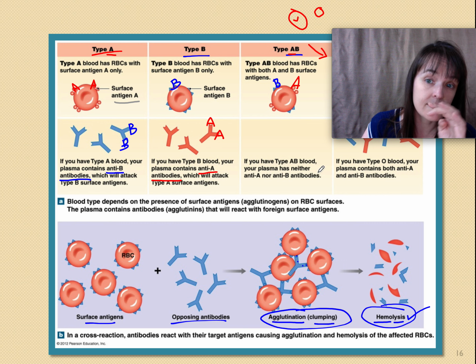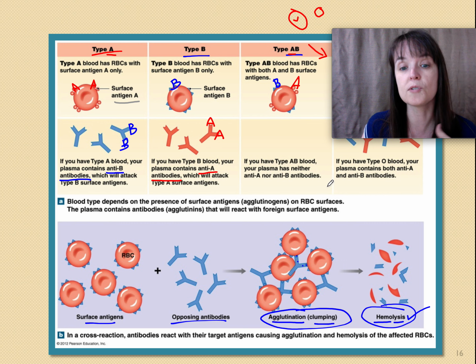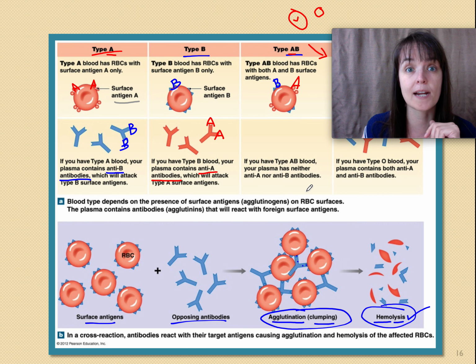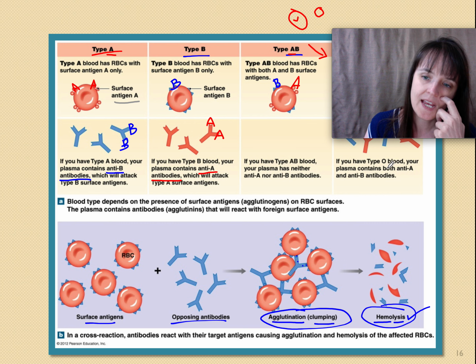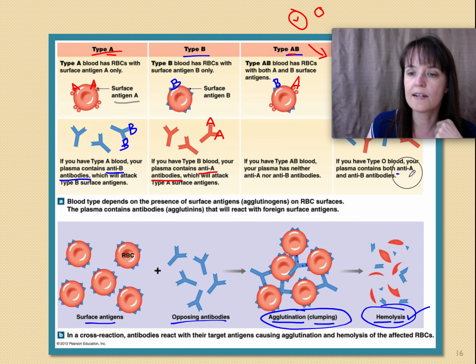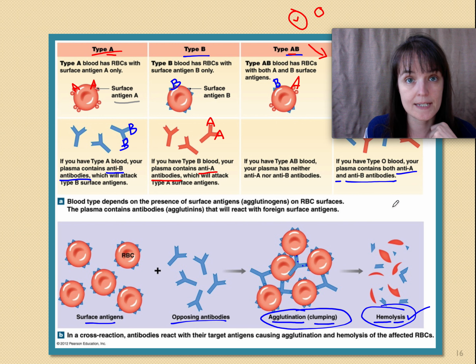If you have type AB blood, you of course don't have either of the antibodies, neither anti-A nor anti-B. If you had anti-A antibodies, you would break up all of your red blood cells. If you had anti-B antibodies, you would break up all of your red blood cells. And type O blood, you can almost see here, has both anti-A and anti-B antibodies.